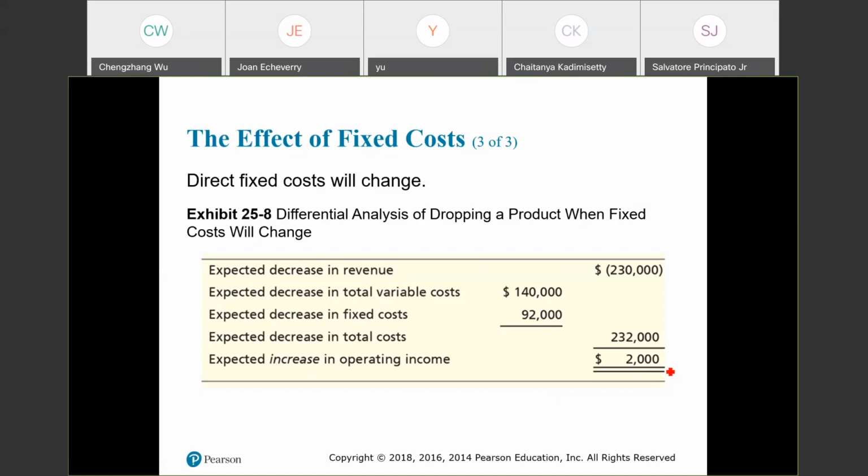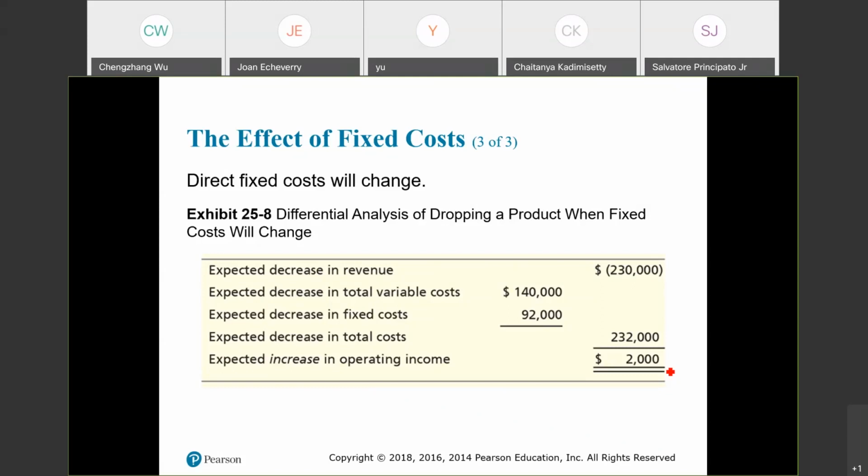In this case, we have a decrease not only in variable cost, but also in fixed cost. Because if you drop this product line, the related fixed cost can be avoided. So $140,000 plus $92,000, that is $232,000 in total. That is your savings in the cost.